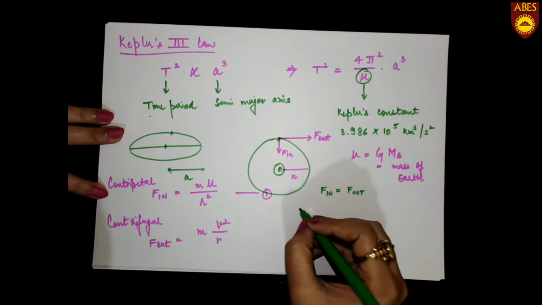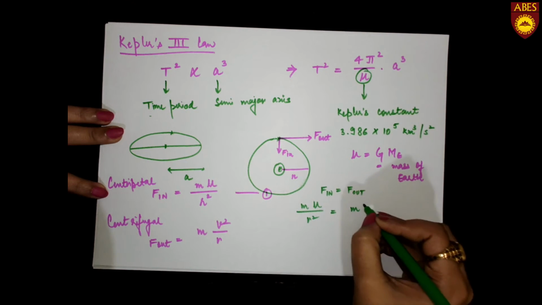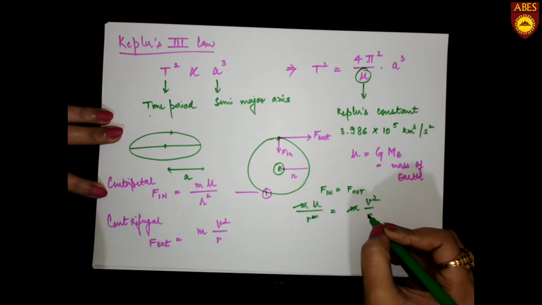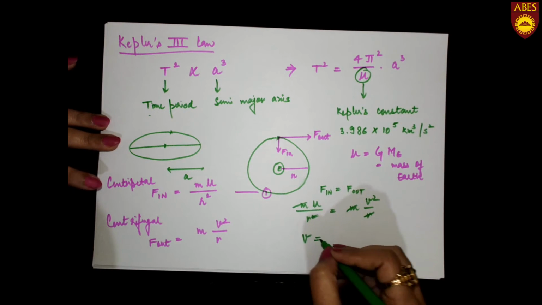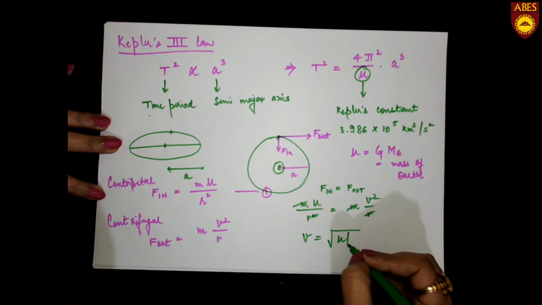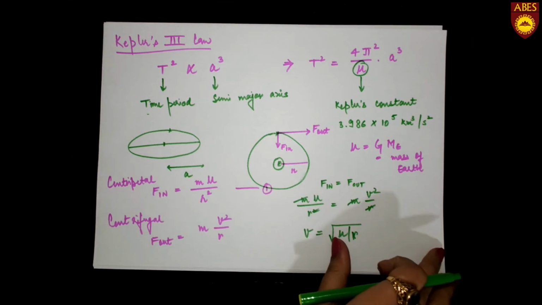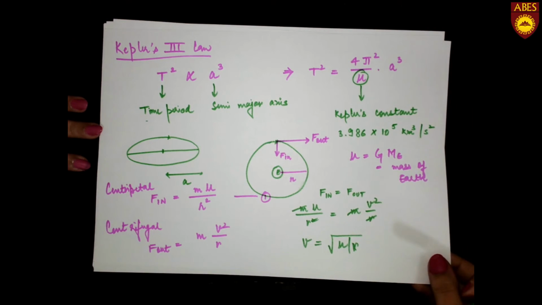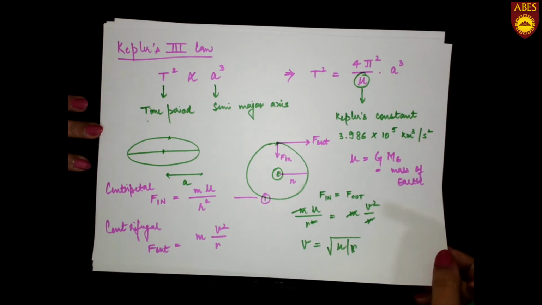Let's equate these two. m mu upon r square is m v square upon r. So this comes out to be v is equal to under root mu upon r. Now this gives me the velocity of a satellite which is moving in a circular orbit. Just because the velocity is uniform, it has to be a circular orbit.